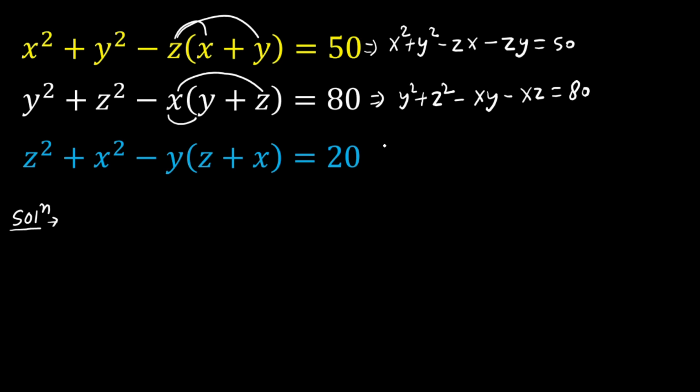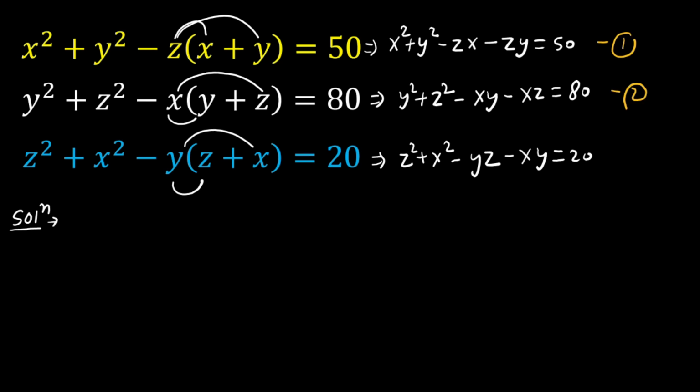And z² + x² − y times z, that is −yz, and −y times x, that is −xy, equals 20. Let us call these equation number first, second, and third.